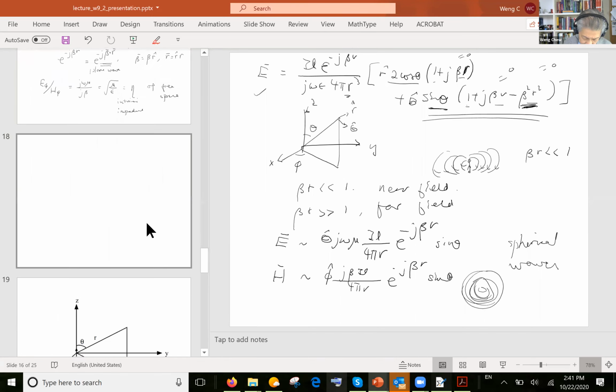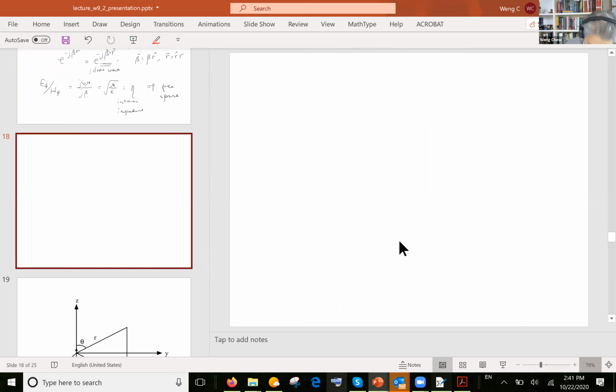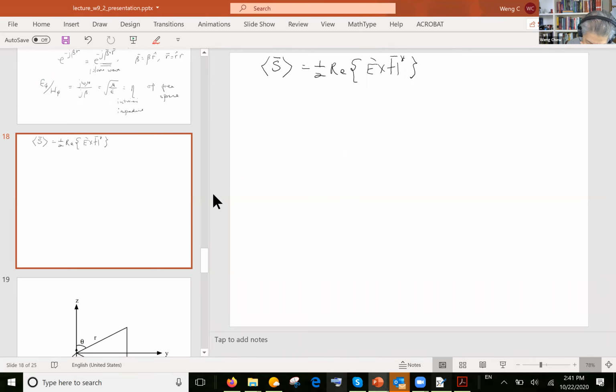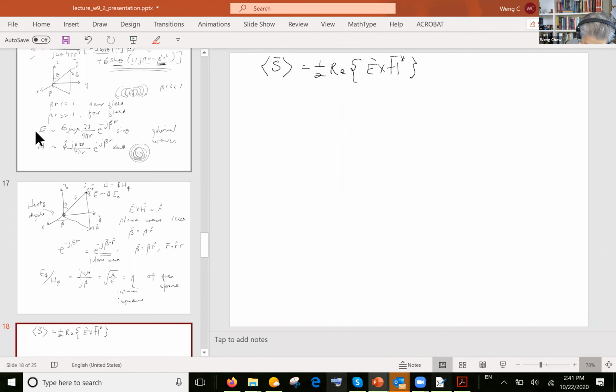And then if you were to look at the Poynting vector S, the time average one is half the real part of E cross H conjugate. This is the time average Poynting vector. And so if you take this E and cross it with this H conjugate, the phase term would cancel.